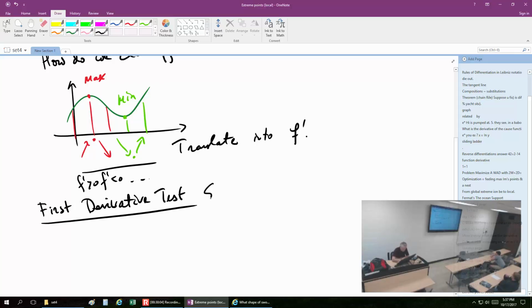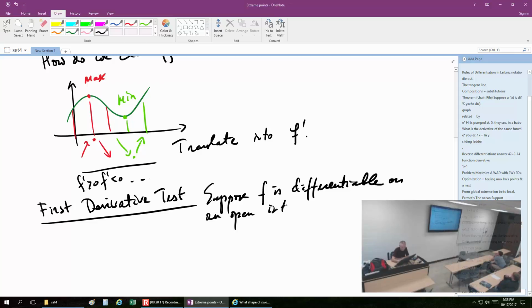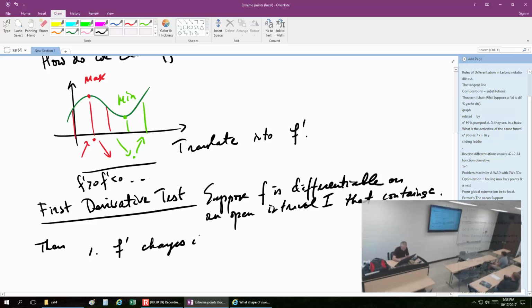Okay, so suppose f is differentiable on an open interval I that contains a point of interest, c. Then there are two possibilities that are just illustrated right there. The one: f prime changes its sign at x equals c.